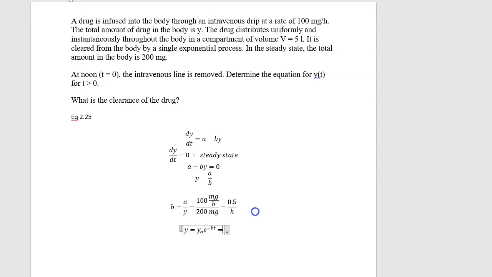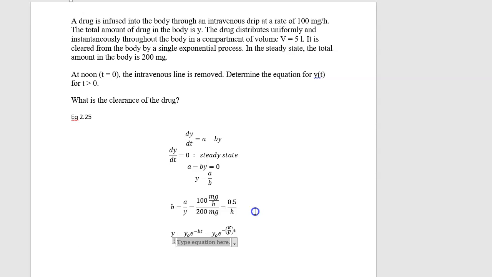And that, in terms of clearance, is Y naught e to the minus K over V t. And the clearance is K, and the V is simply the blood volume.